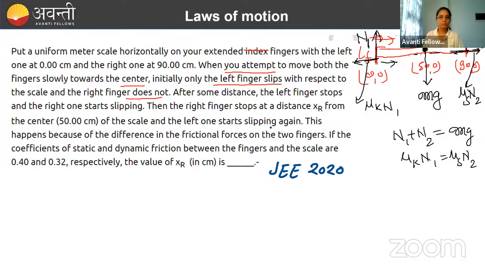Anyone? First. Dekho, these are simple things now. We need to know how to calculate torque. Done. How to find out the torque. These are very simple applications of rotation that we might get in questions in electrostatics, in magnetism. So these basic things we should know, how to calculate the torque. So here torque of friction will be what?